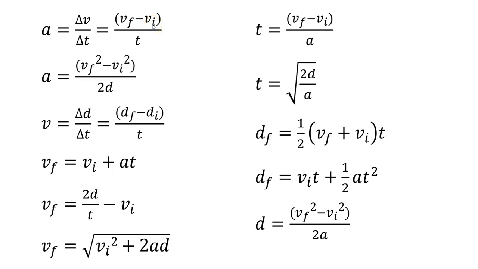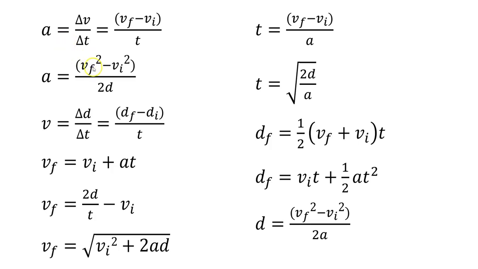So it's just a fancy way of writing what we've been talking about this whole time: final minus initial. So acceleration is equal to the change in velocity divided by the change in time.